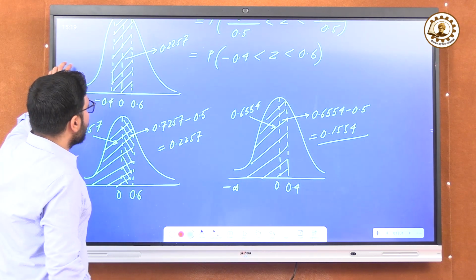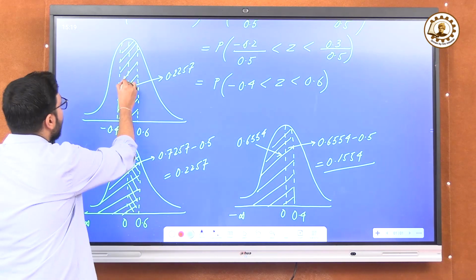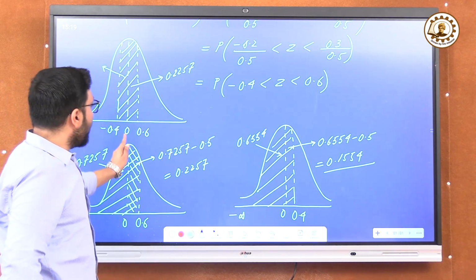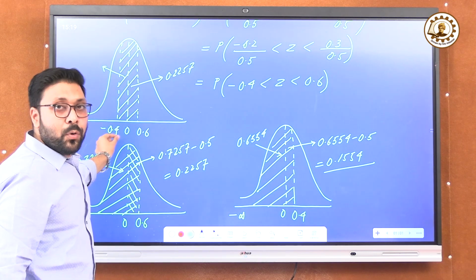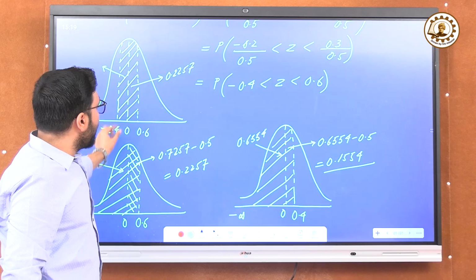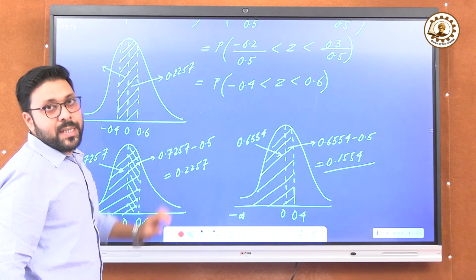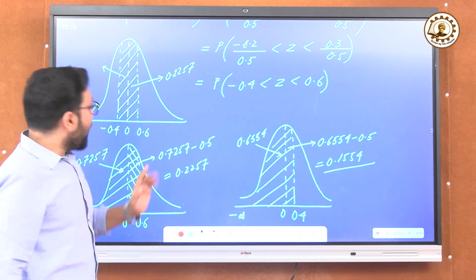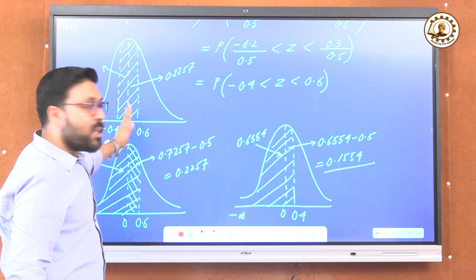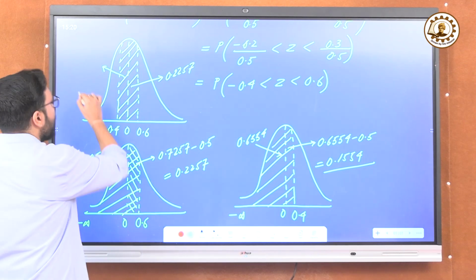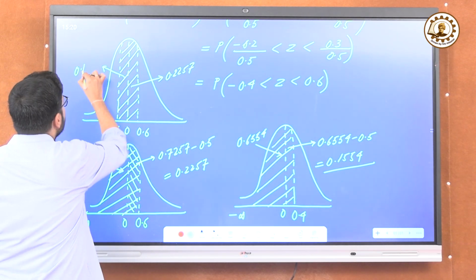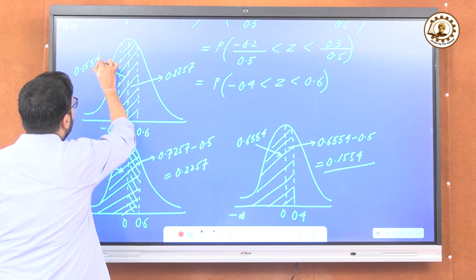So now I can substitute this value here. Why? Because here it is indicating the area in between minus 0.4 and 0. You need to remember the standard normal curve is a symmetrical curve. That's why the area on the left side of 0 is equal to the area on the right side of 0. So I can consider this value as 0.1554.